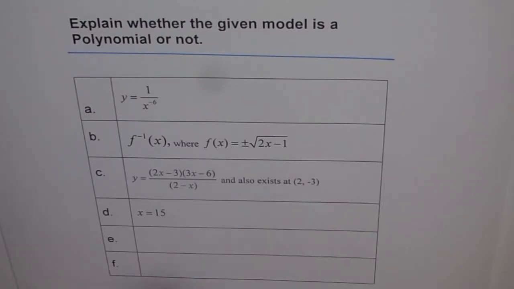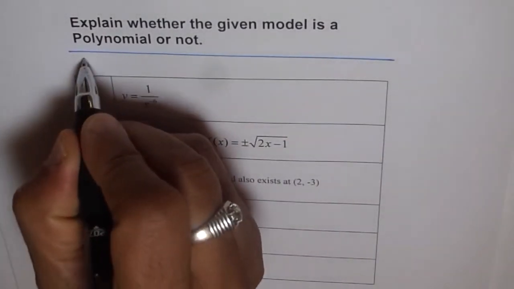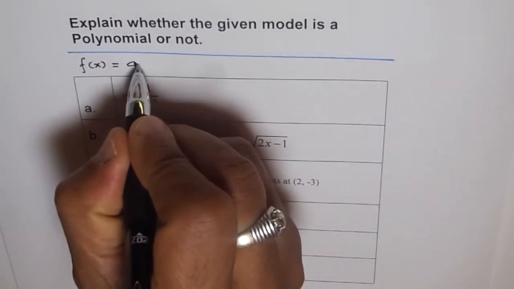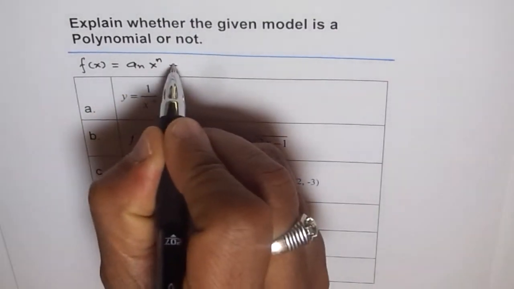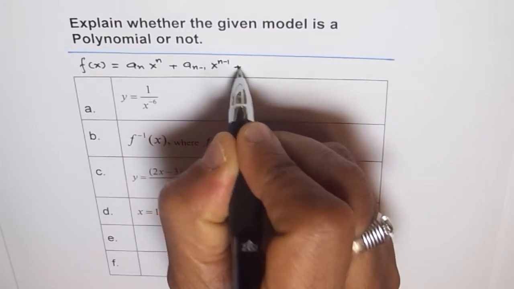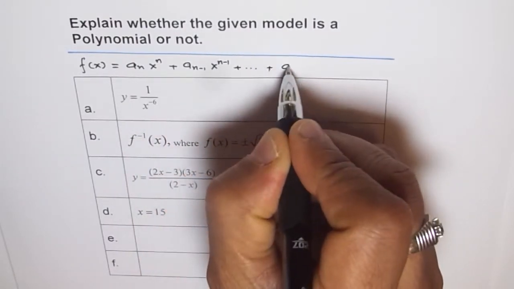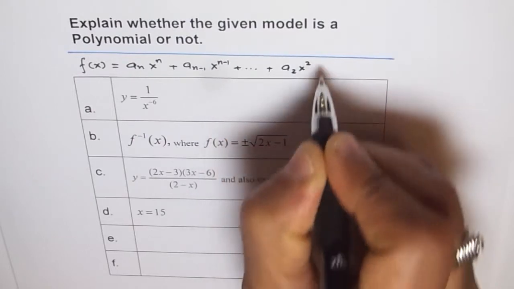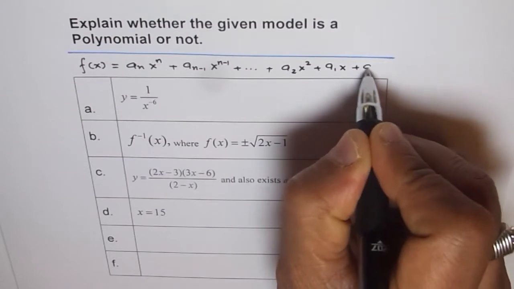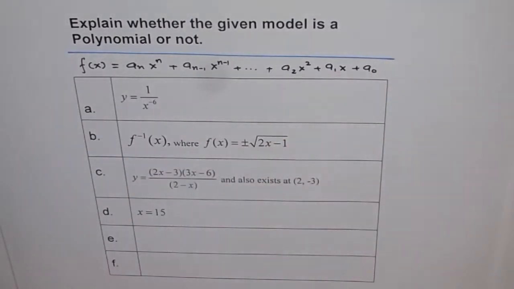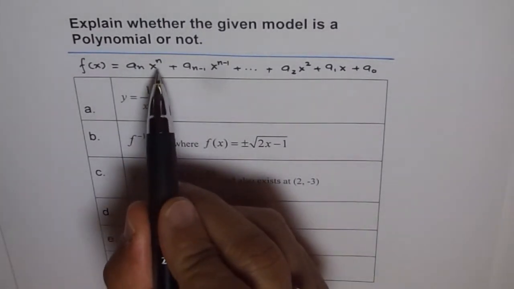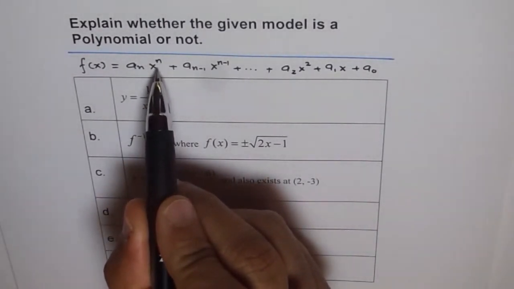A polynomial can be written as f of x equals a_n x to the power of n plus a_(n-1) x to the power of n minus 1, and so on, like a_2 x squared plus a_1 x plus a_0. It is the sum of these terms where n is a non-negative integer.